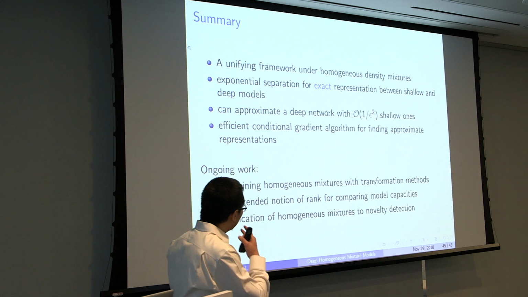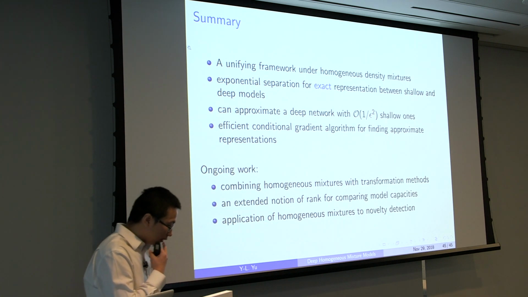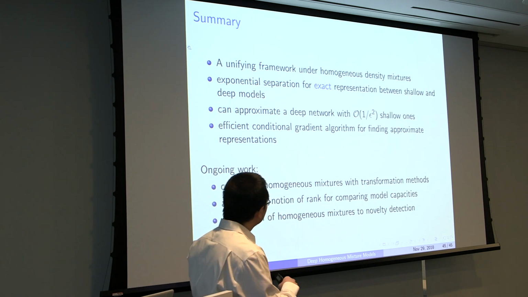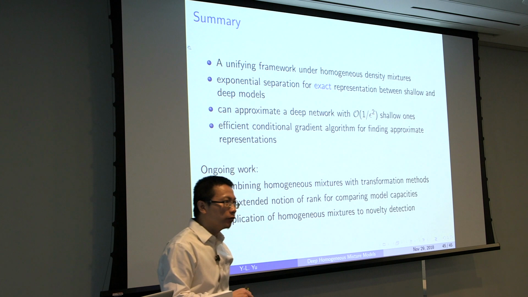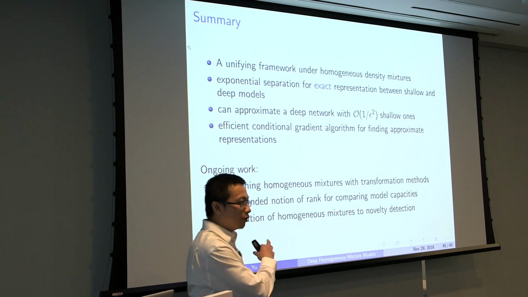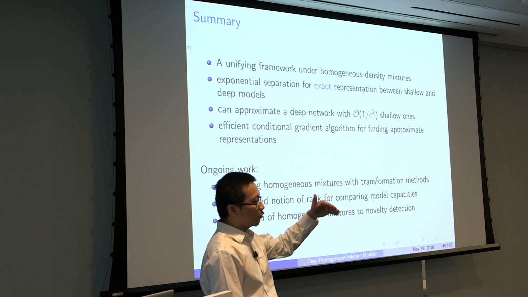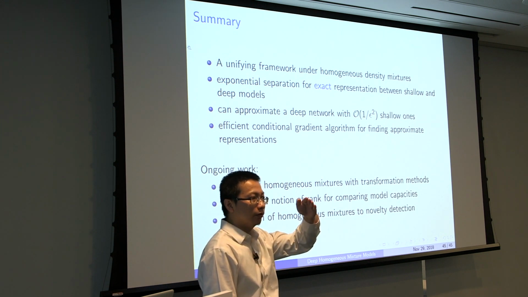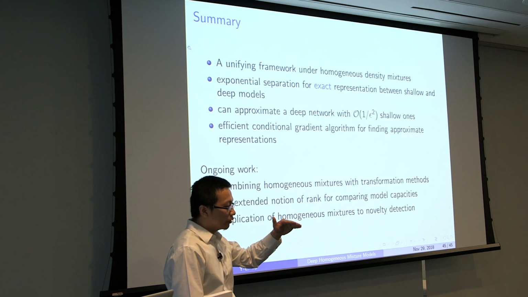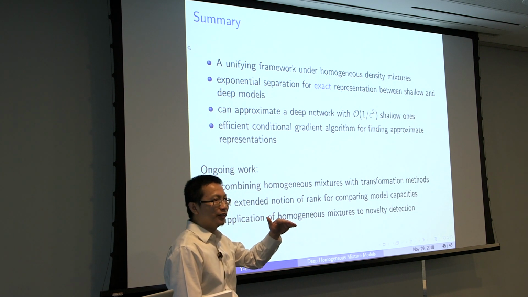So after this work, we have also been trying to extend this. One thing we tried is to combine these homogeneous mixture models with the so-called transformation methods. I mentioned the transformation methods before. Basically, you take a noise distribution, you find a transformation so that you can approximate any distribution you like. And usually what people do is that the noise distribution is a standard normal distribution, right?